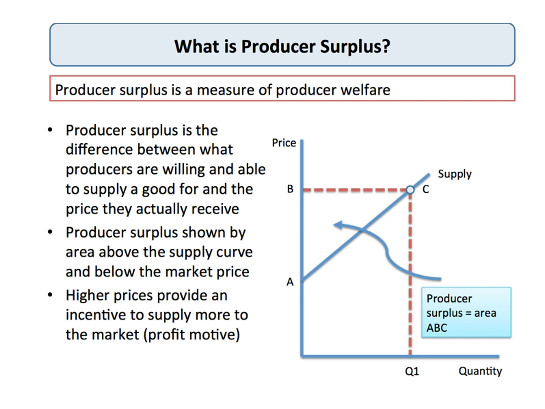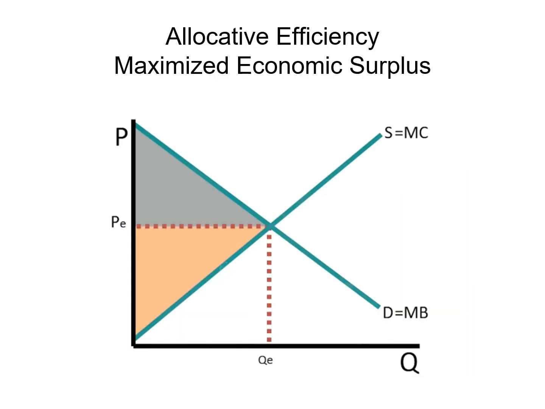The area of producer surplus represents the efficiency gains received by sellers through the invisible hand and the rationing function of prices in competitive markets. The combination of consumer surplus, represented by the gray triangle on the graph, and producer surplus, represented by the orange triangle on the graph, constitutes total economic surplus.